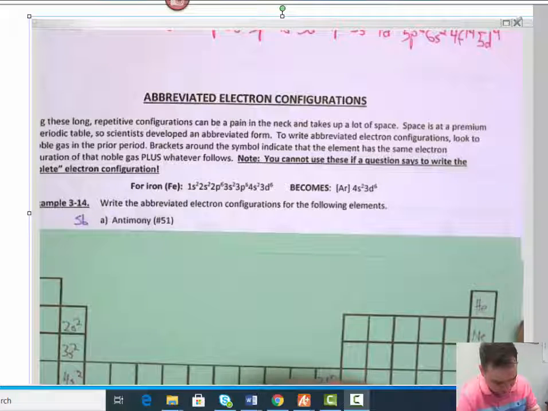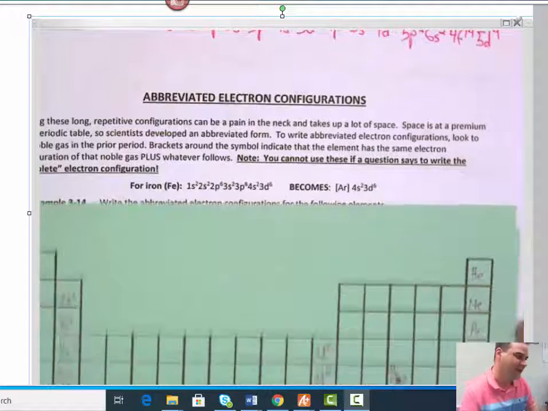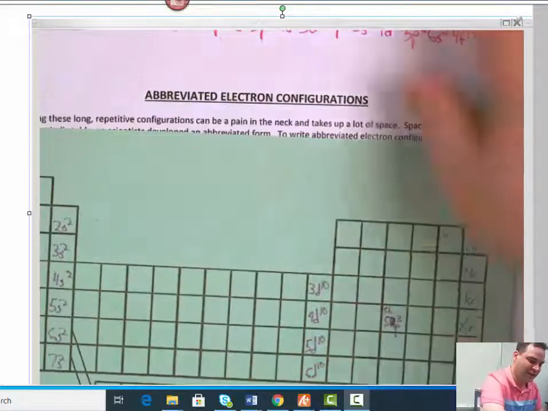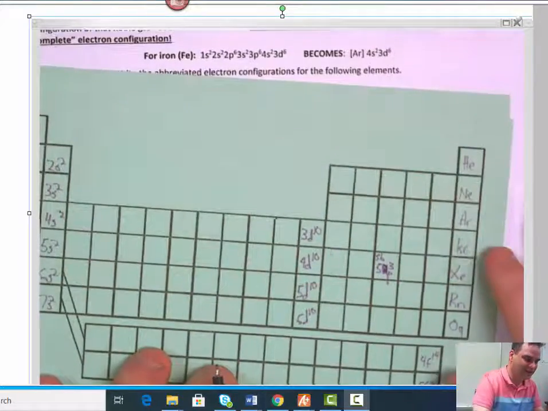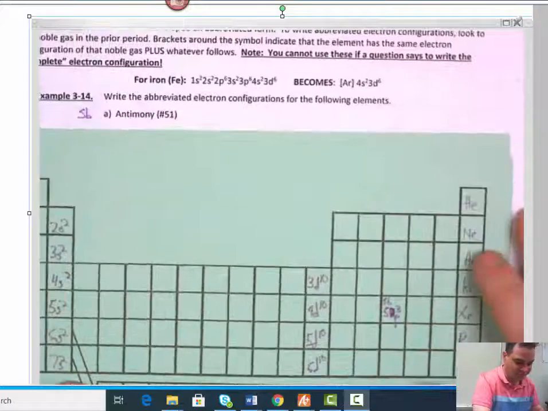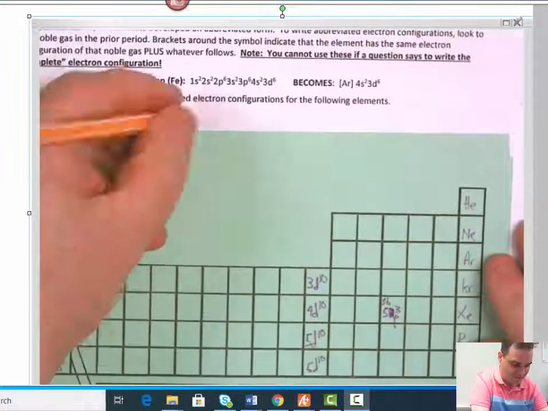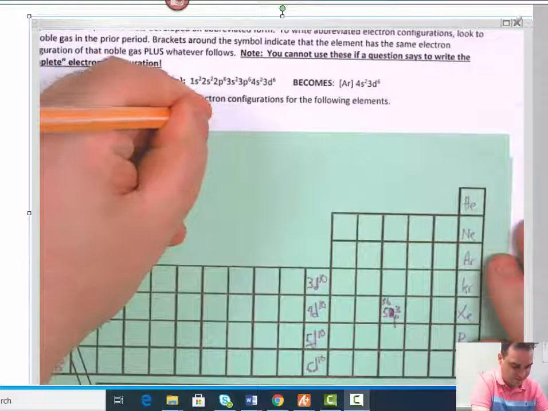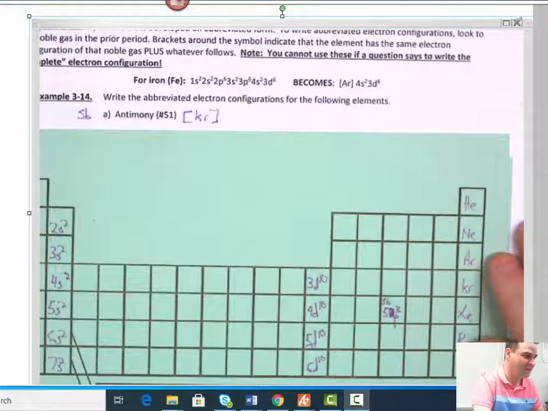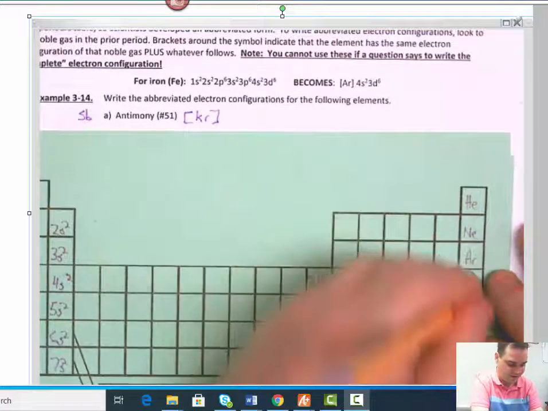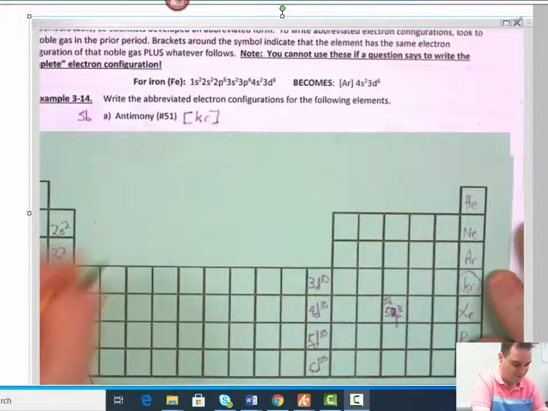Oh, sorry, not d. That is a p, Mr. Harridan. 5p3. Not 5d. So to do noble gas configuration here, you go to the noble gas before it, which is krypton. So you put this in brackets, krypton, like that. So that means you're starting here, and then you continue on.